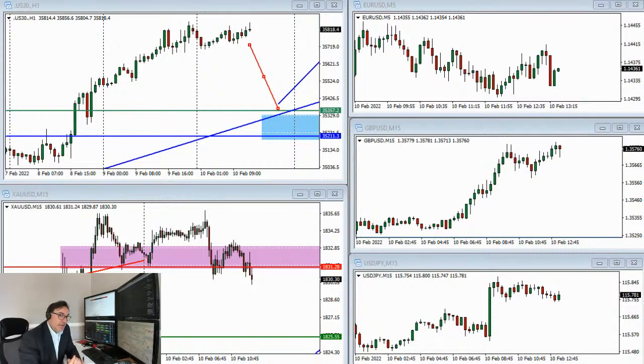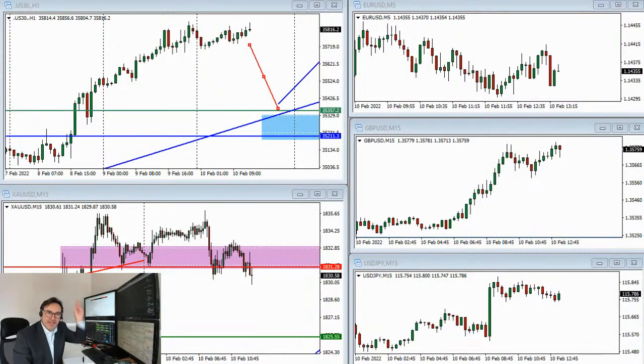Let me tell you what happened last month. Expectations were that we would get a 7% inflation reading in the US, and the number came in line with expectations. So basically the consumer price index came in at 7%. So 7% expectations versus an actual 7% number. No change. The US dollar tanked.